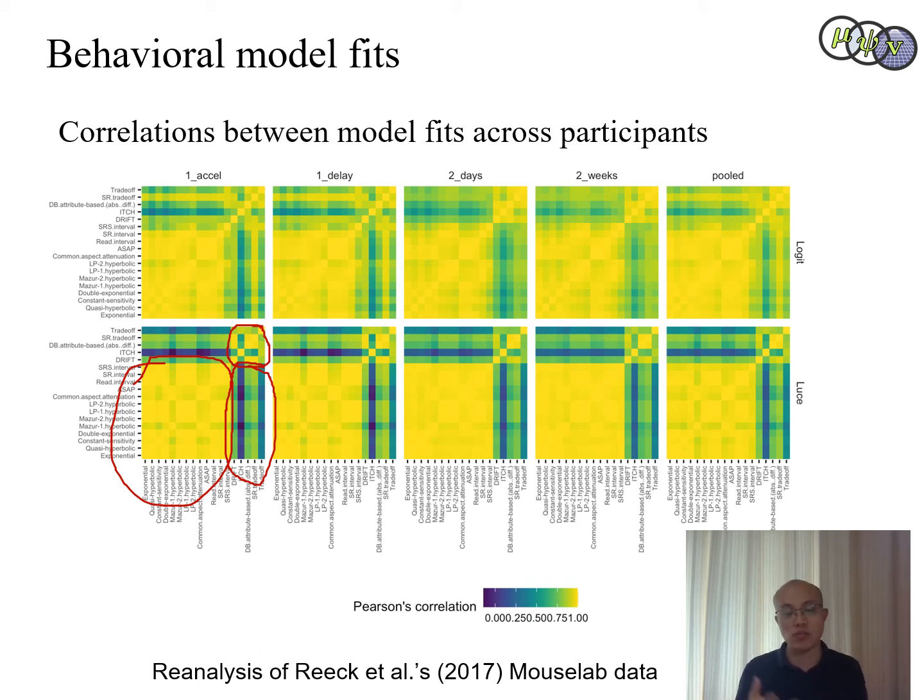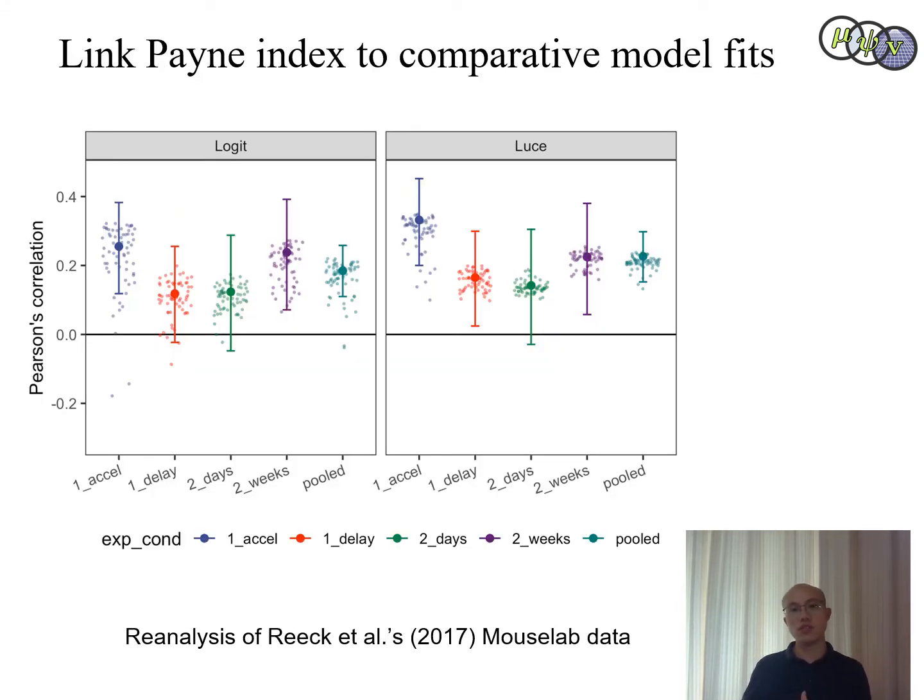This resembles a lot the model space results that discounting models are similar, and time as attribute models are dissimilar, and within time as attribute models there are some outliers, etc. And this also sort of validates the comparative model fits as a valid metric for identifying choice strategy, right? And then we made comparisons between different models on the individual level to get a comparative model fits.